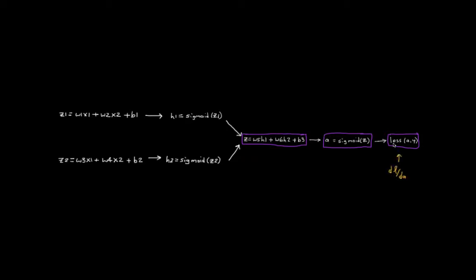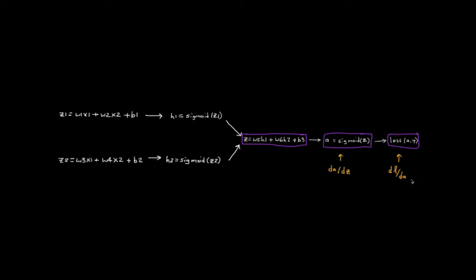So we want to compute the derivative of the loss function L with respect to A, and that's what this dL/dA term means. In other words, we want to know how the loss function changes when we make a change to the value of A. If A gets decreased a little bit, for instance, does that make the loss function increase or decrease? And that's what this term dL/dA tells us.